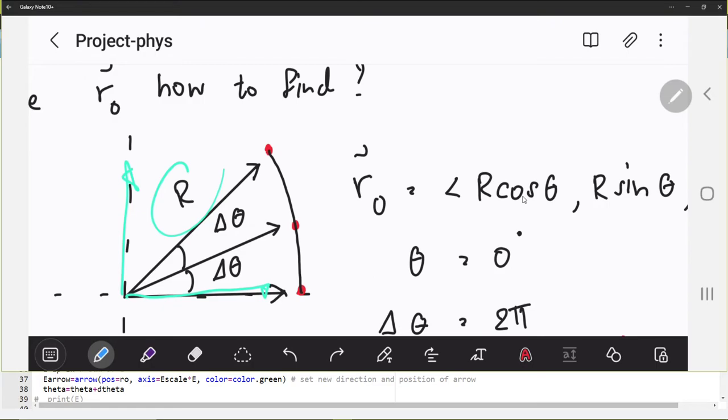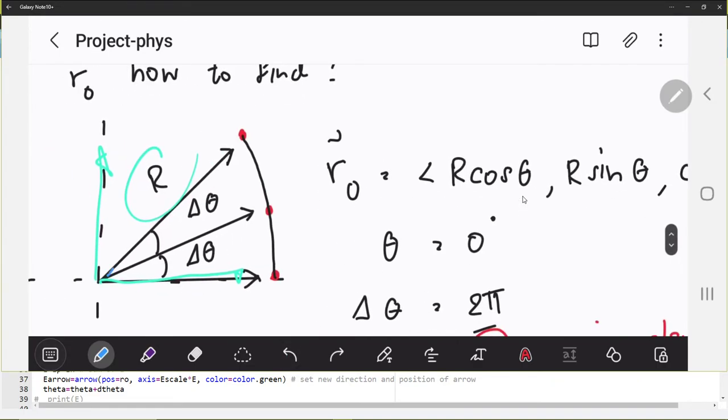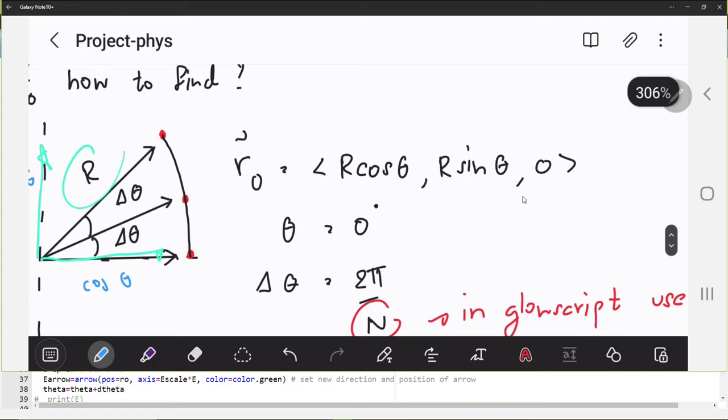So in the circle, the direction of RO is in radians. In radians, you have to take the x-axis and y-axis to find the middle one, right? Okay, in the x-axis it is cos, in the y-axis it is sine. So you will get RO equal to R cos theta and R sin theta, that is x and y and z.